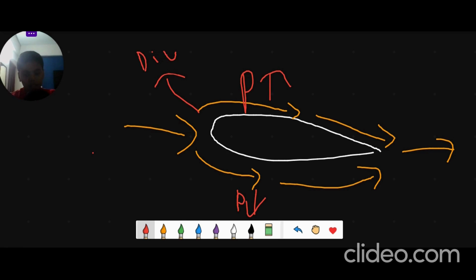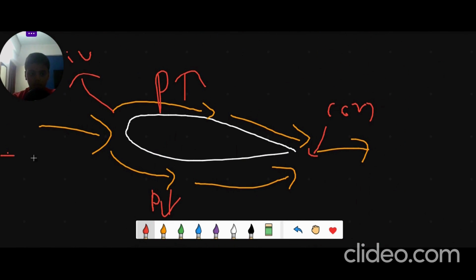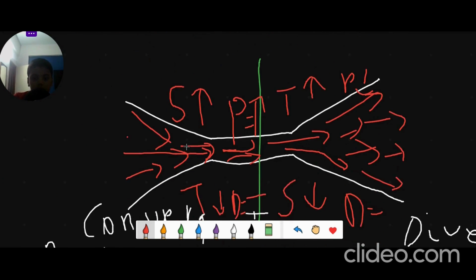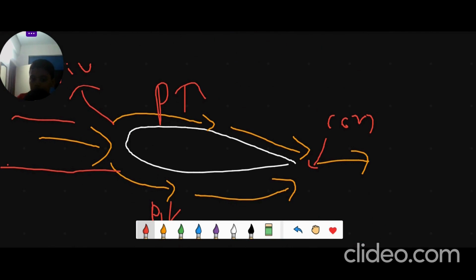I'll just write DIV for short, and over here it's convergent. Now go back here. See, the airflow was really big here. Suddenly it got split. The airflow was small here. Suddenly it got split by the aerofoil, resulting in the divergent duct. Then at the end it became small again, just like it was over here.